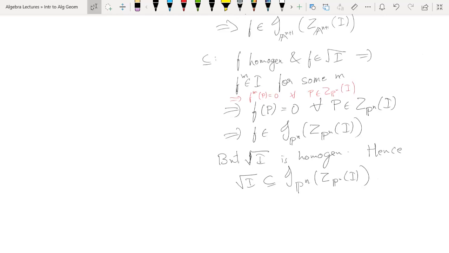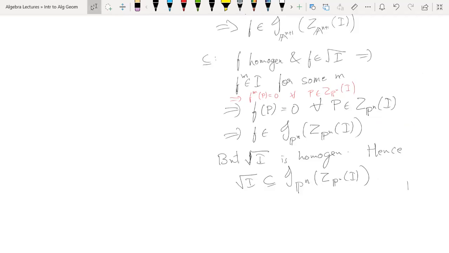But since radical I is a homogeneous ideal, and the right hand side is also a homogeneous ideal, that tells you that the whole of radical I is contained in there. Or maybe it's not required. Radical I is homogeneous means it's generated by all the homogeneous elements, and that's it.